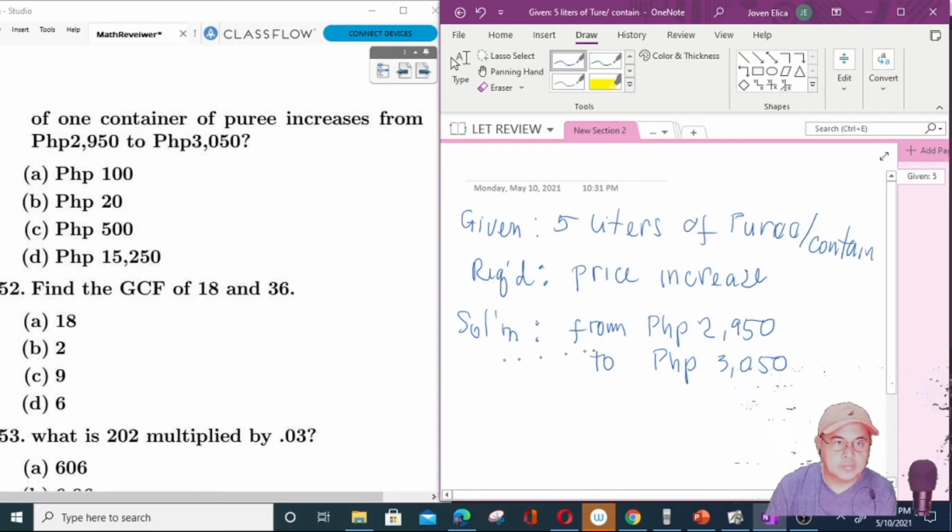If we get the difference, we will be able to get the price increase of the puree per container.